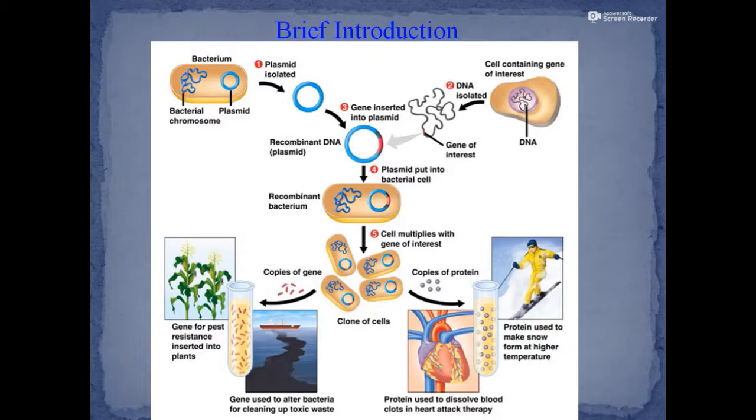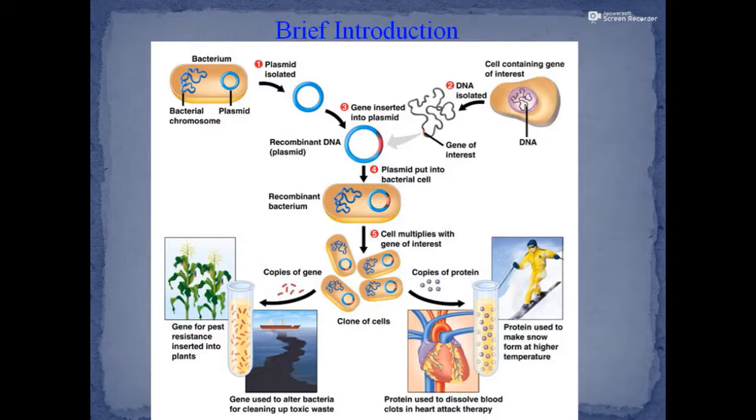So, what we try to do is take the particular gene which codes for human insulin and combine it with the bacterial DNA, and then the bacteria will multiply at a very rapid rate and you make the bacteria produce the human insulin.